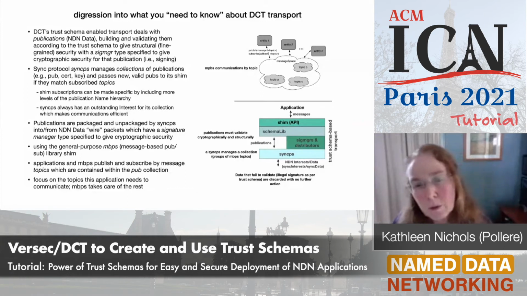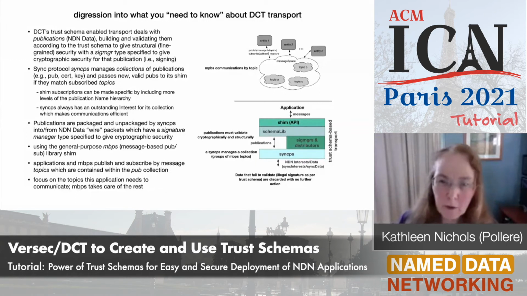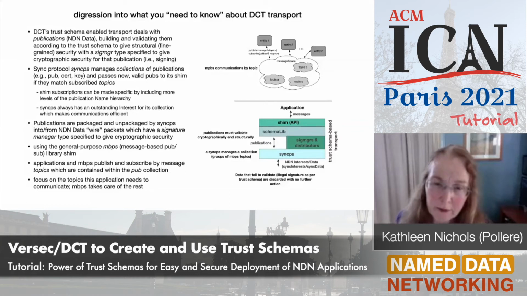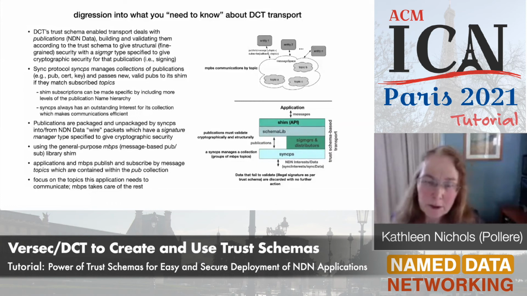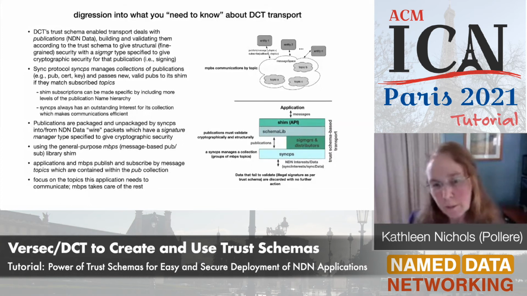We already saw in the trust schema that those packets also have to be signed or they can be encrypted. And if the sync data fail to validate, if they have illegal signatures or can't be decrypted, they're instantly discarded.